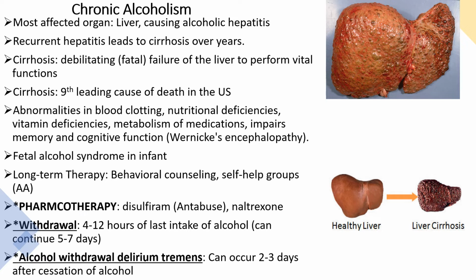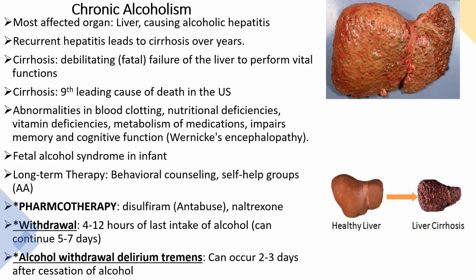So, with repeated bouts of hepatitis, the liver finally starts to get fibrotic. The liver cells start to die, and they're replaced with scarring, which is fibrosis. And because the liver, like many other organs, is a very durable organ, this will take years to occur, right? So it won't happen in a year or two.